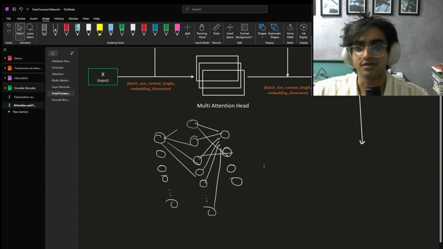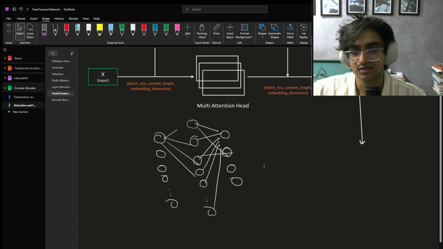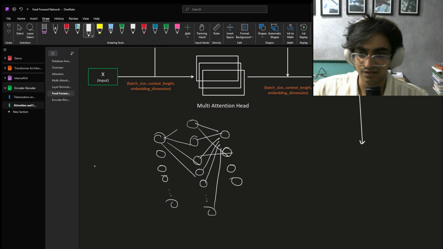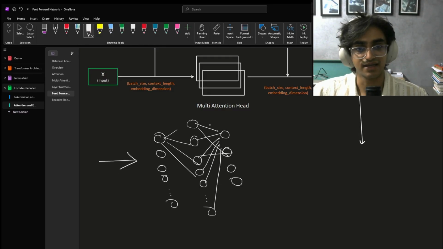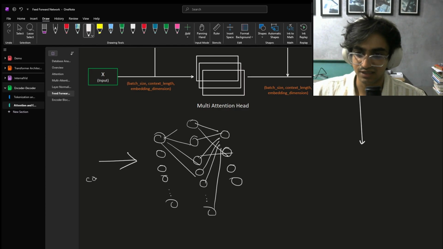So what are the shapes going to be in this case? Over here, our input shape is, I'm going to ignore the batch size again because I told you batch size is just for computation. So it's going to be context length and our embedding dimension.